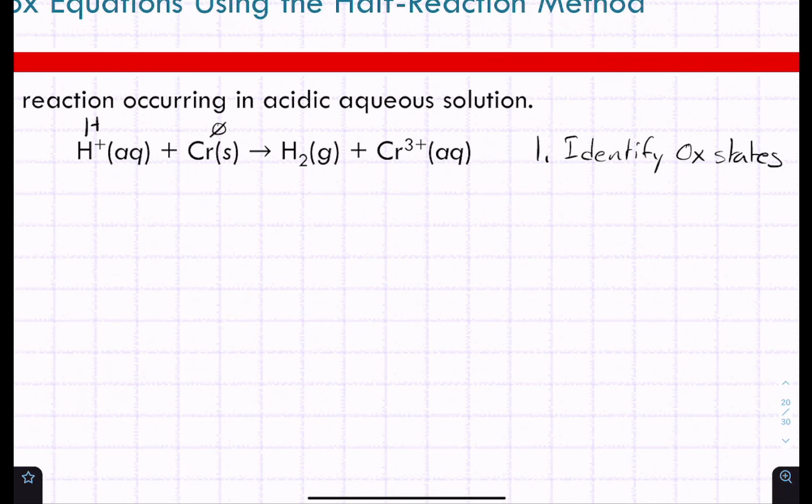Hydrogen also falls into the category of the Brinkelhoff elements that are all diatomic, so in its elemental state, it's H2. So it's 0 oxidation state. And then chromium, +3 oxidation state. So what's being oxidized and what's being reduced?